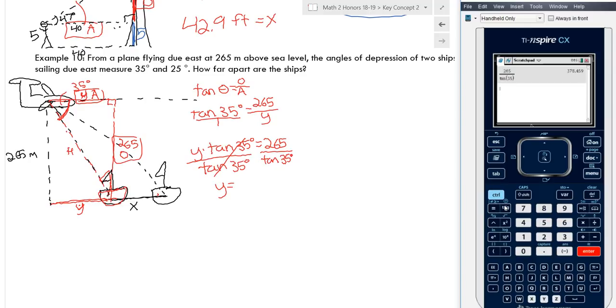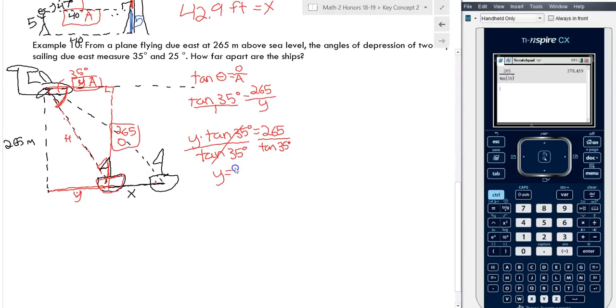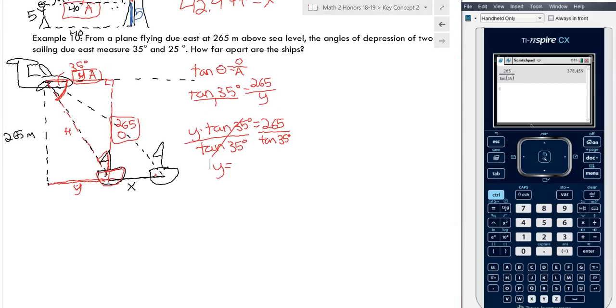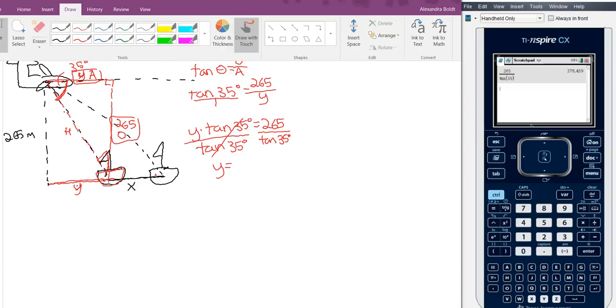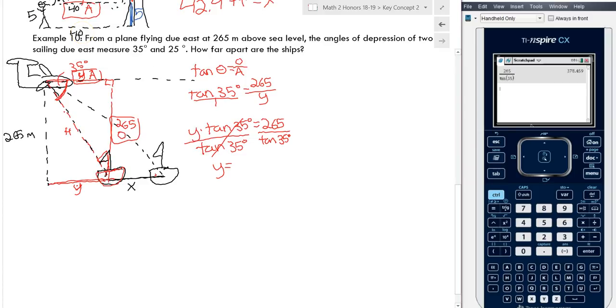And we get 378.5 meters. That's this distance here.